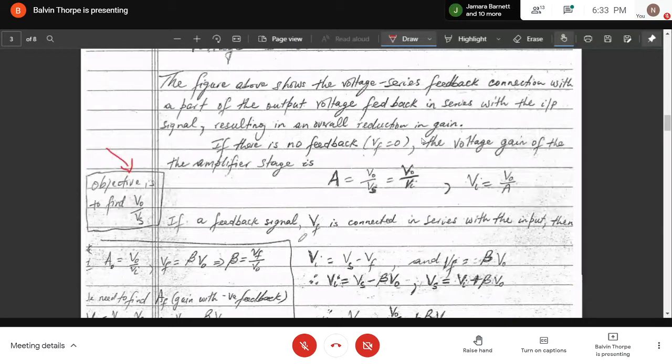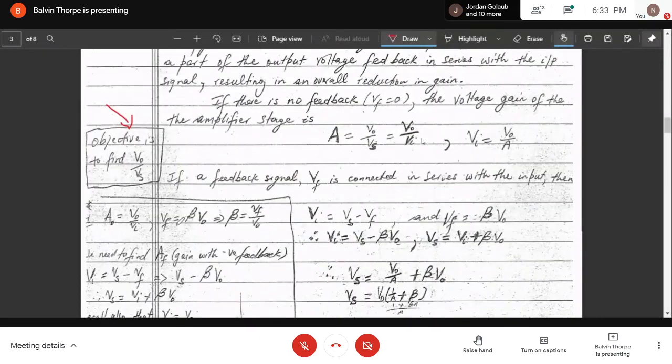We said that this is without feedback. We said also that the output voltage of the feedback network is beta VO, because beta equals VF over VO. Okay? There's something else we know.